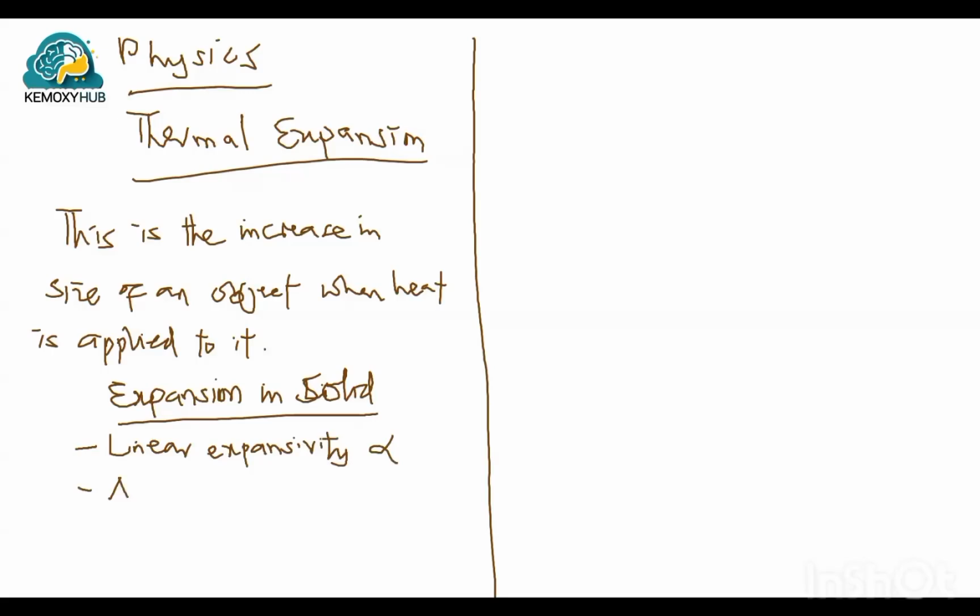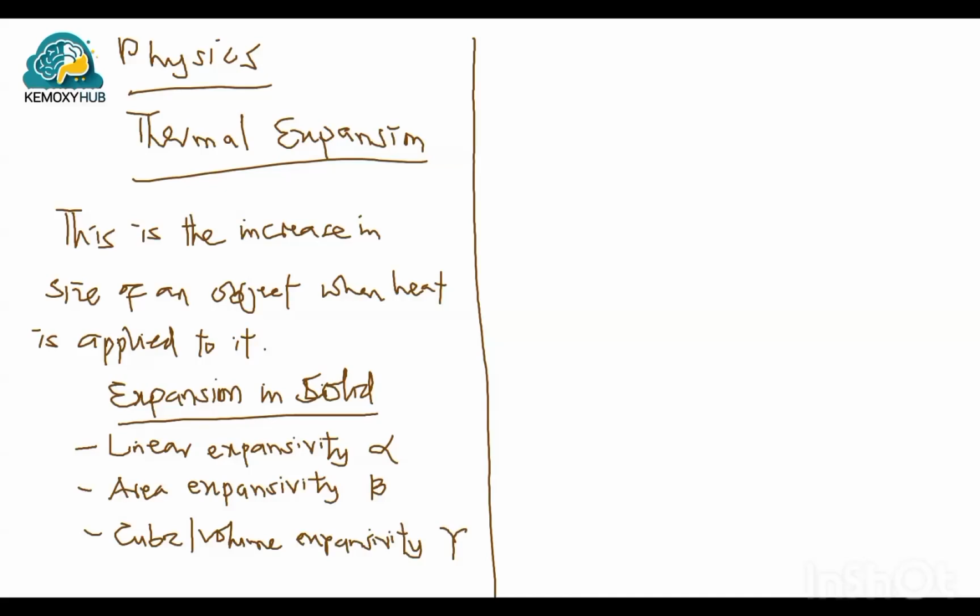We have area expansivity, let's say beta, and we have the cubic or volume expansivity, let's say gamma.